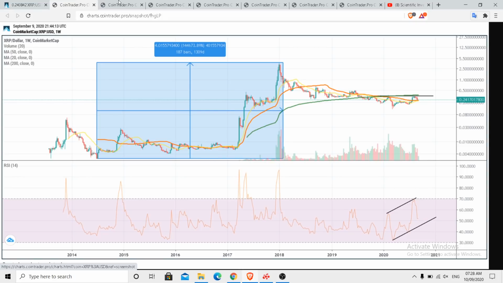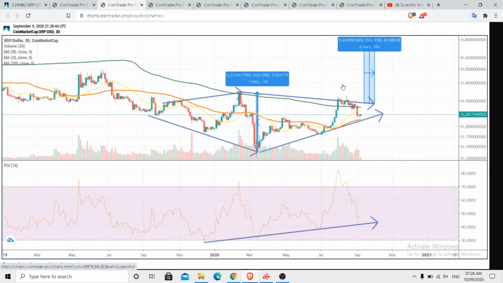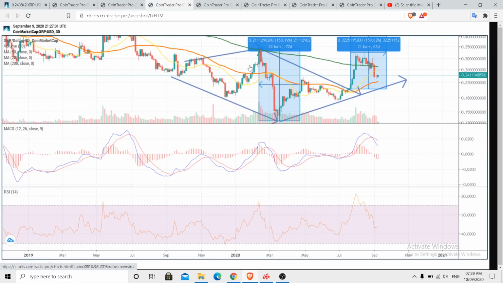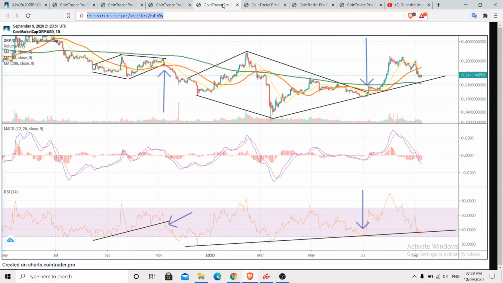And yeah, we can see different patterns when we look at charts. Say on a 3-day chart, you get a diamond pattern for which you have 160% to the upside. Now if you look at it from a different aspect like this, you still have 160%, but we managed around half of that move to the upside.